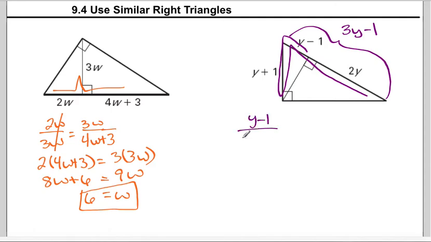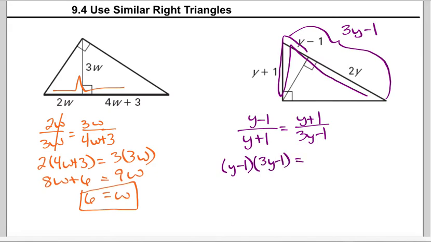So y minus 1 over y plus 1 over 3y minus 1. Now, we have binomials in each spot, which means that when we cross multiply, we will end up foiling or multiplying these however you know how. I'm going to use the FOIL method.